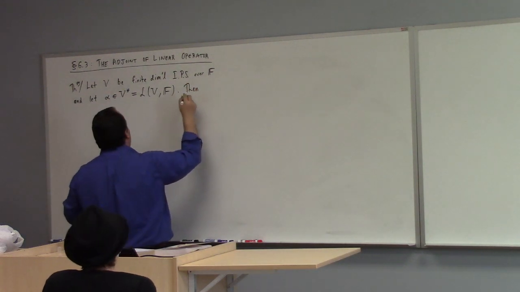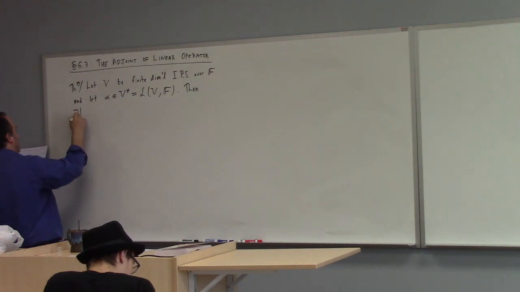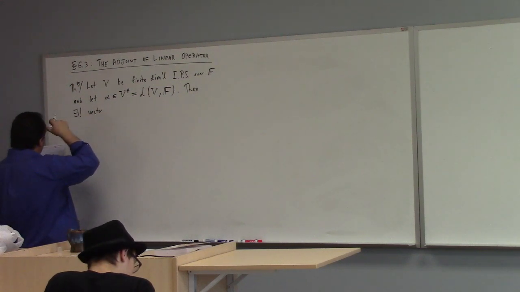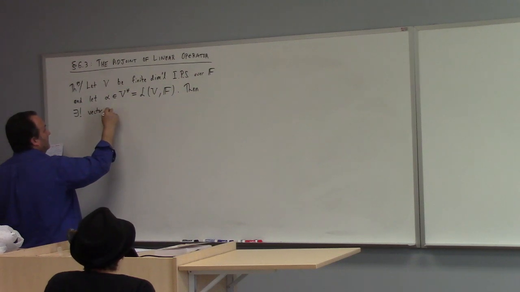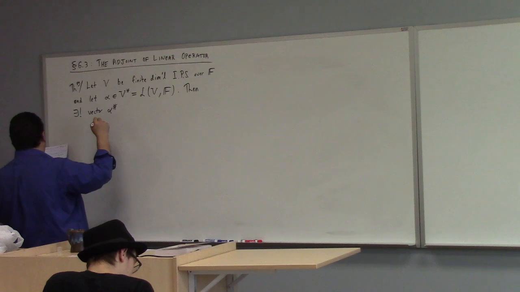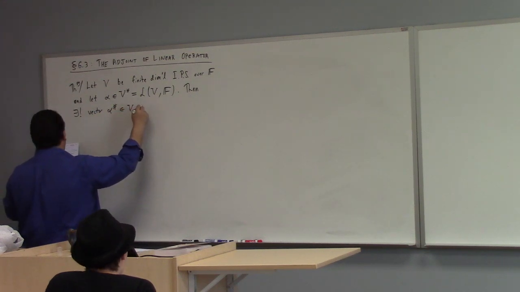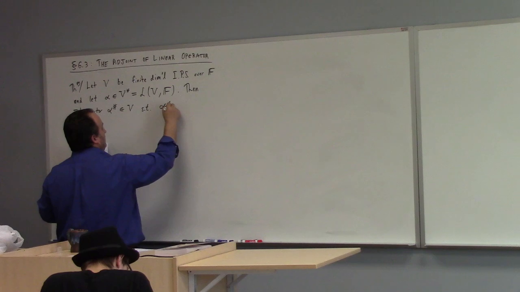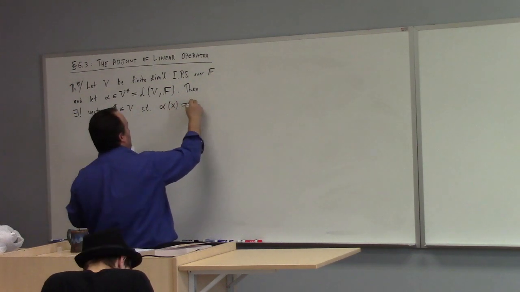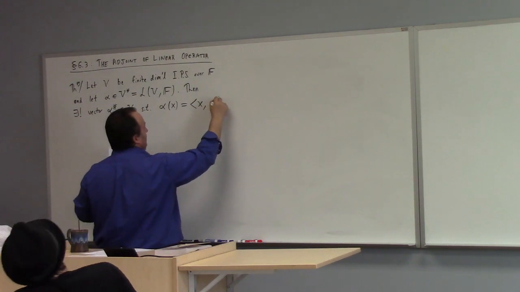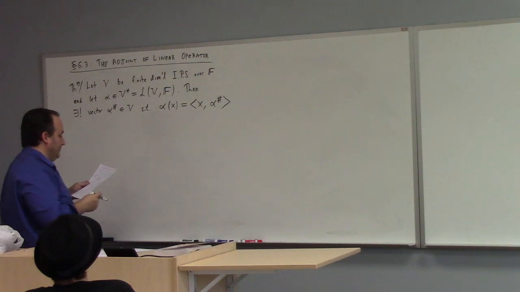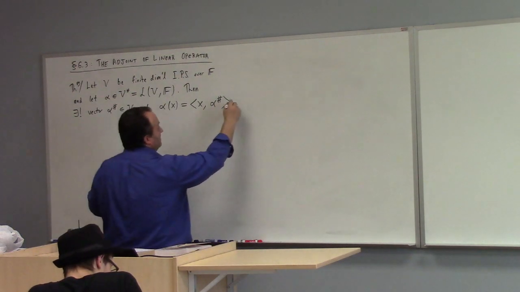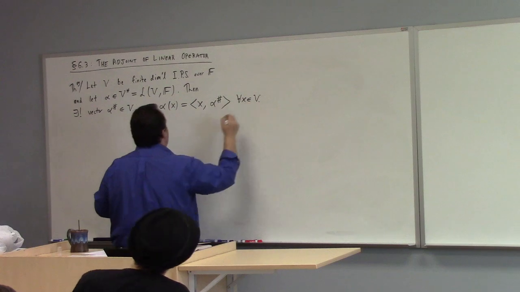Then there exists a unique vector, and I'm going to call it alpha sharp, in V, such that alpha of x is equal to the inner product of x with alpha sharp for all x in V. All right.